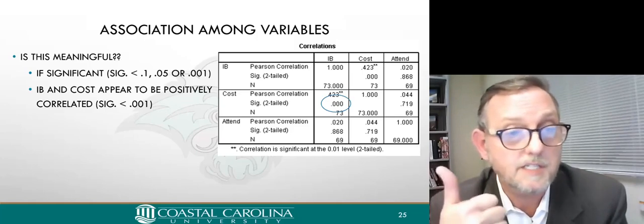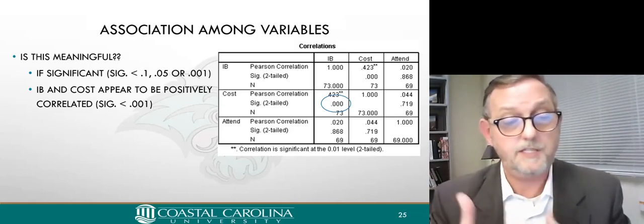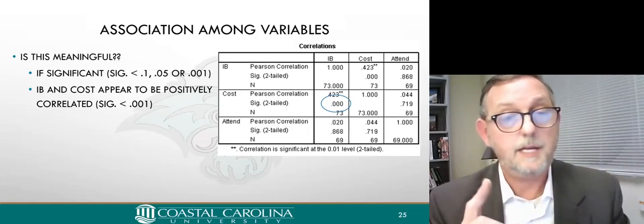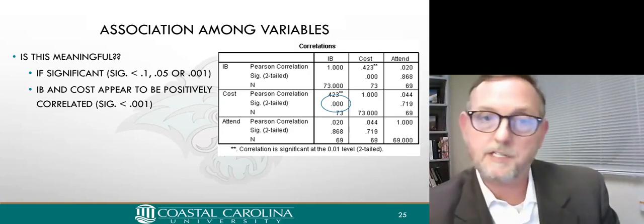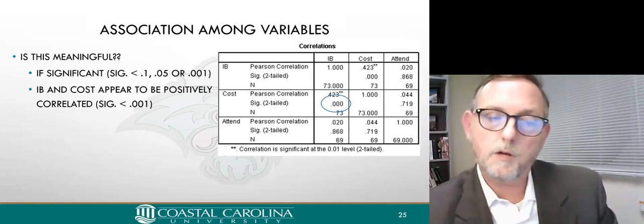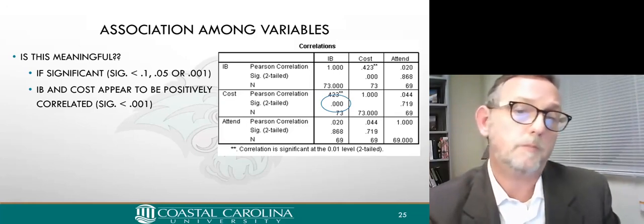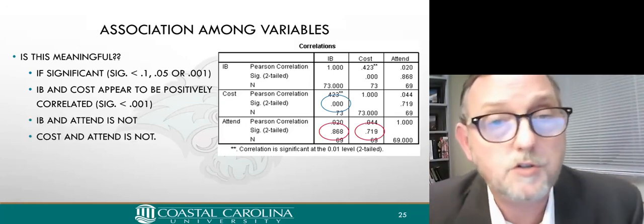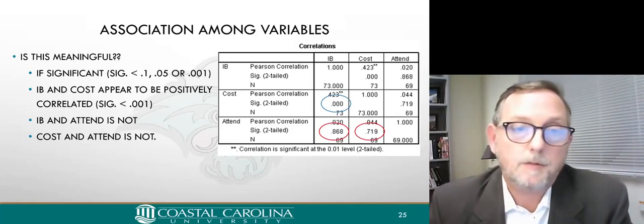That means this is significant. The relationship between these two variables is positive. I'm not sure how cost was measured, but when one moves up, the other moves up. When one moves down, the other moves down. And the relationship is strong.